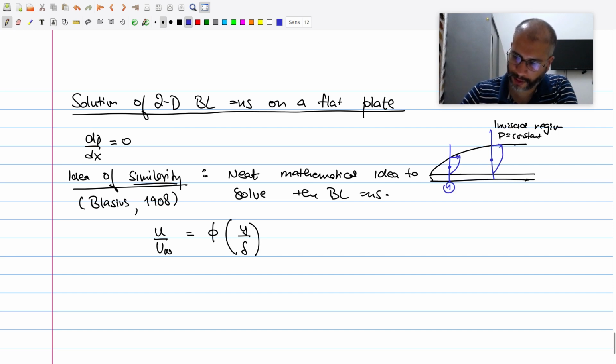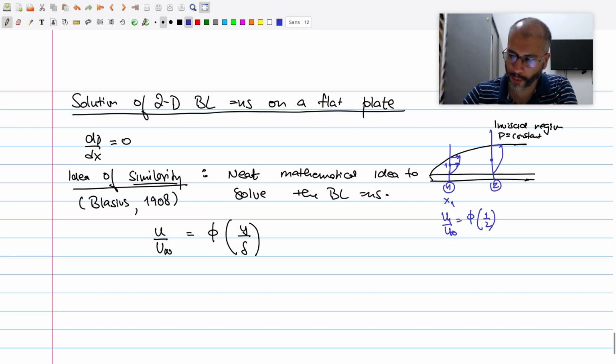In the first section, at x1, at the center point, u1 upon u infinity is a function of y upon delta. The y I have chosen is halfway through, so it's a function of y by delta, where y by delta is half.